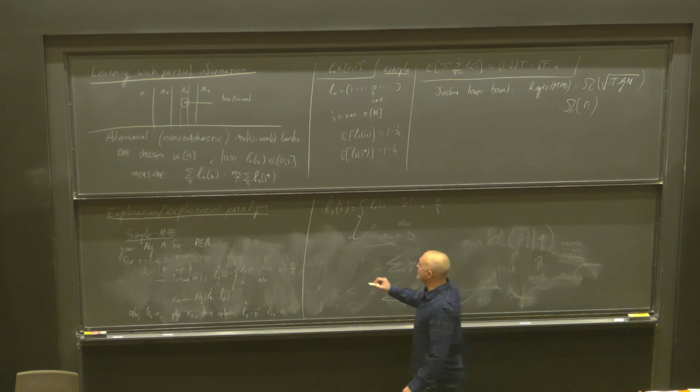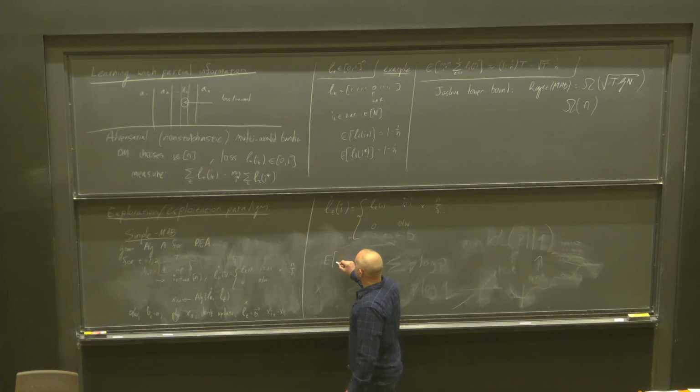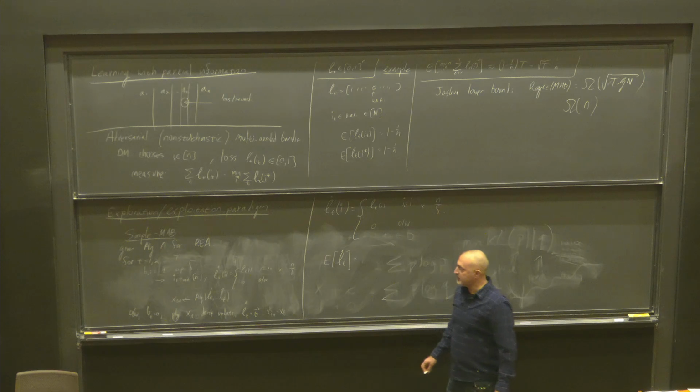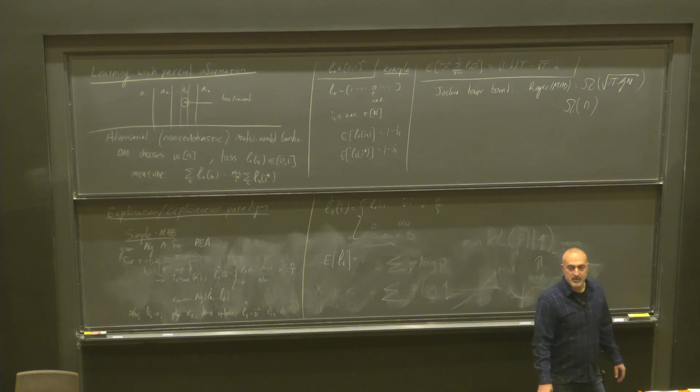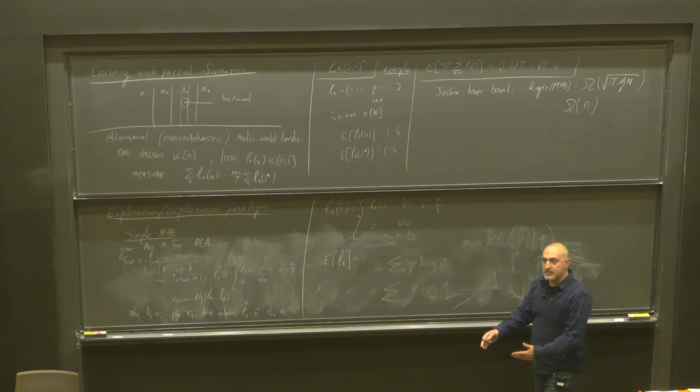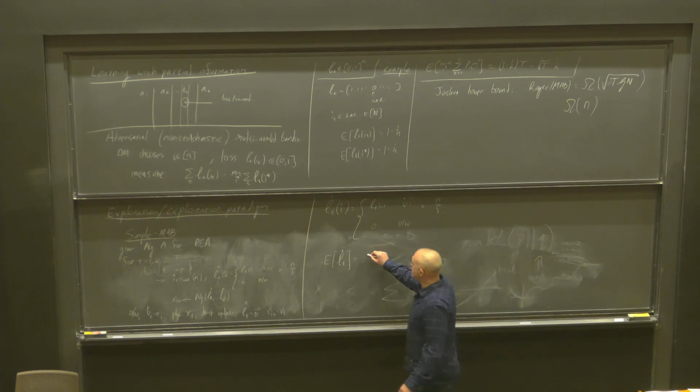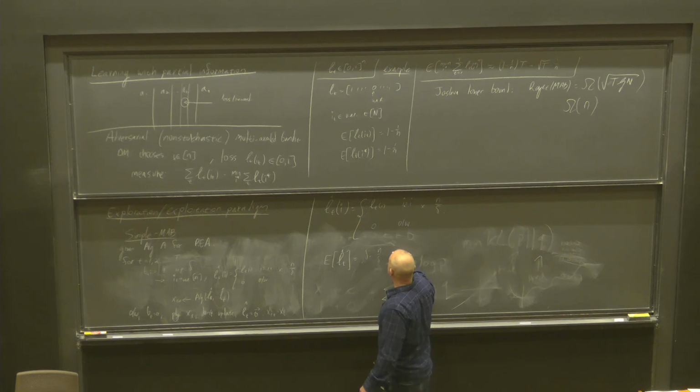Exactly right. So let's look at the expectation of LT hat. And that's equal to what? With probability 1 minus delta, it's 0. And with probability delta, it's equal to n over delta times these two cases here.